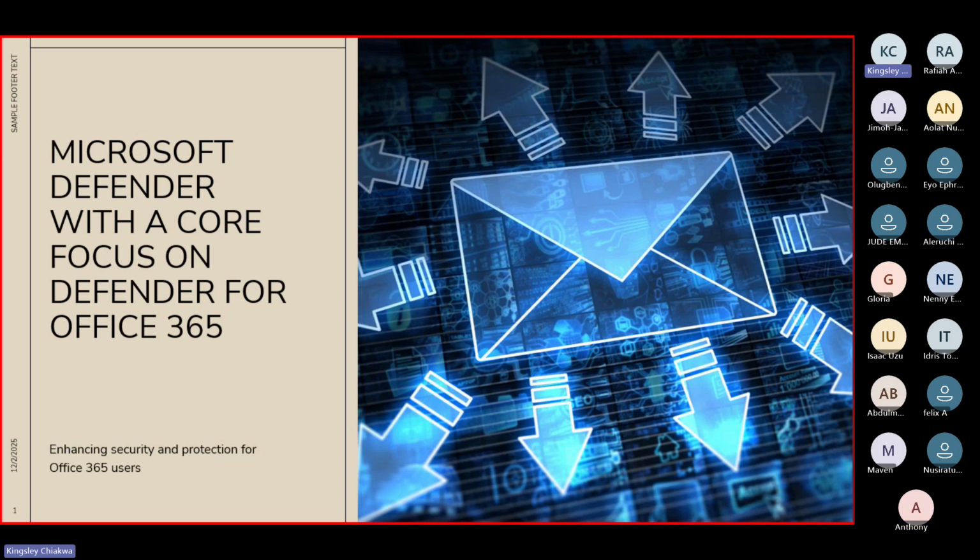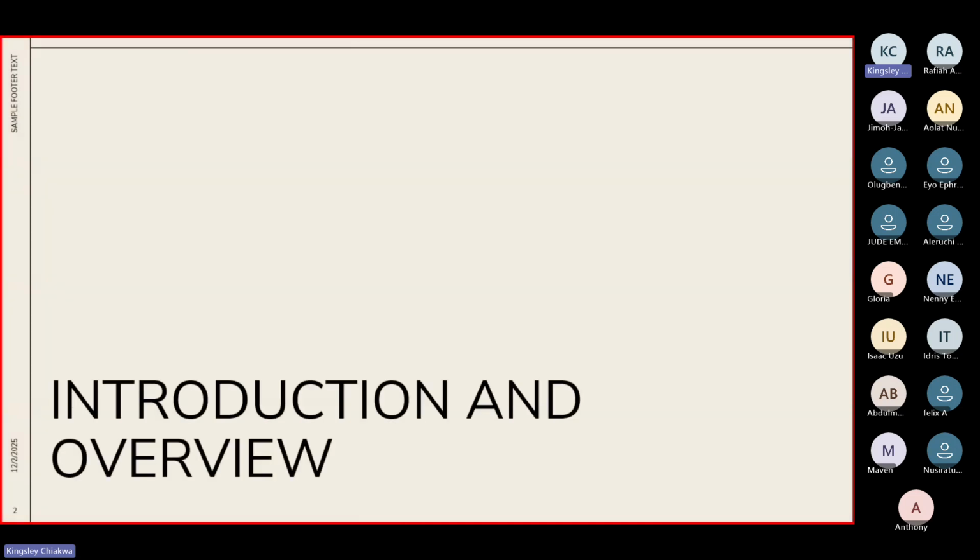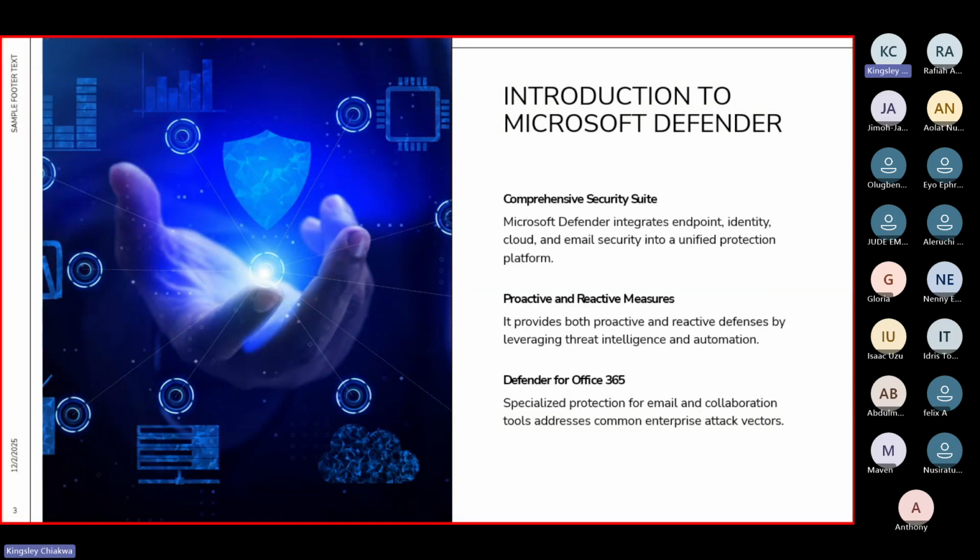So I'm just going to go straight to the next one. Introduction. Here it's a comprehensive security suite. Microsoft Defender integrates endpoint, identity, cloud, and email security into a unified protection platform.